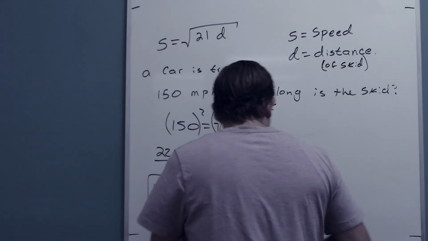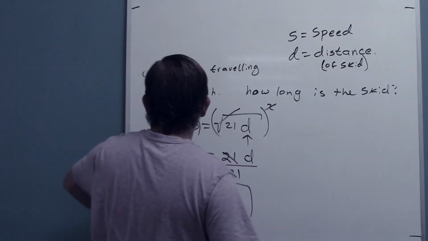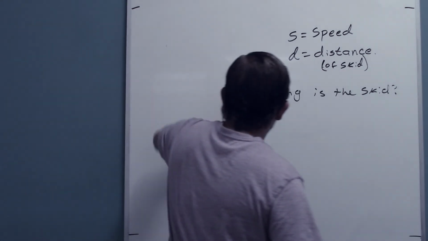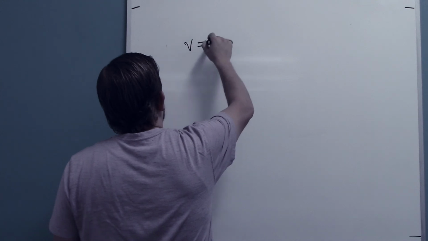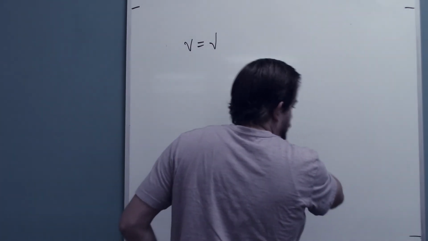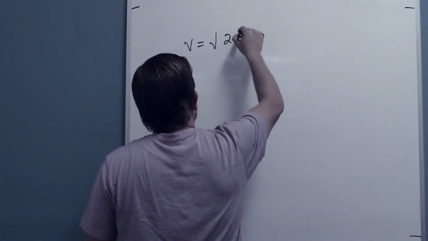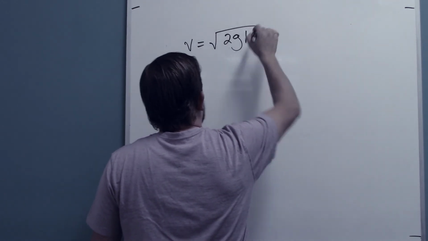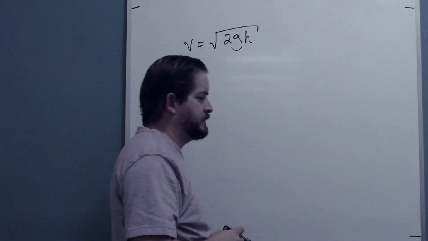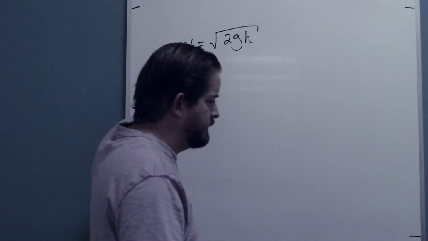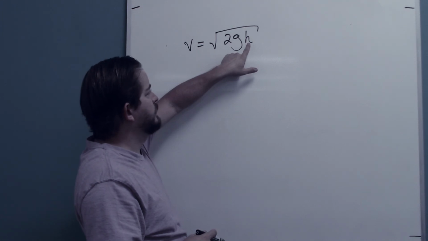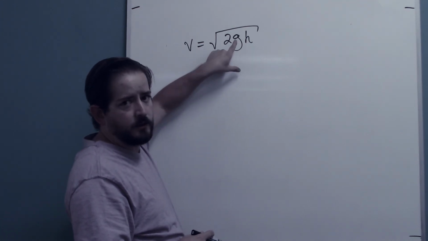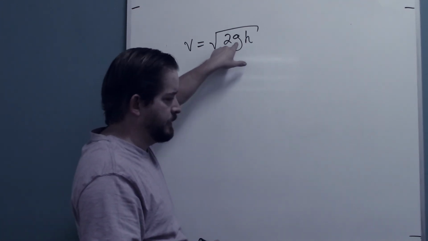Another physics formula, let's take a look at just one more, that next example below this one says the formula V equals the square root of 2gh, 2 times g times h. This describes the velocity of an object in feet per second of some object falling from a height h in a gravitational field g. Right?